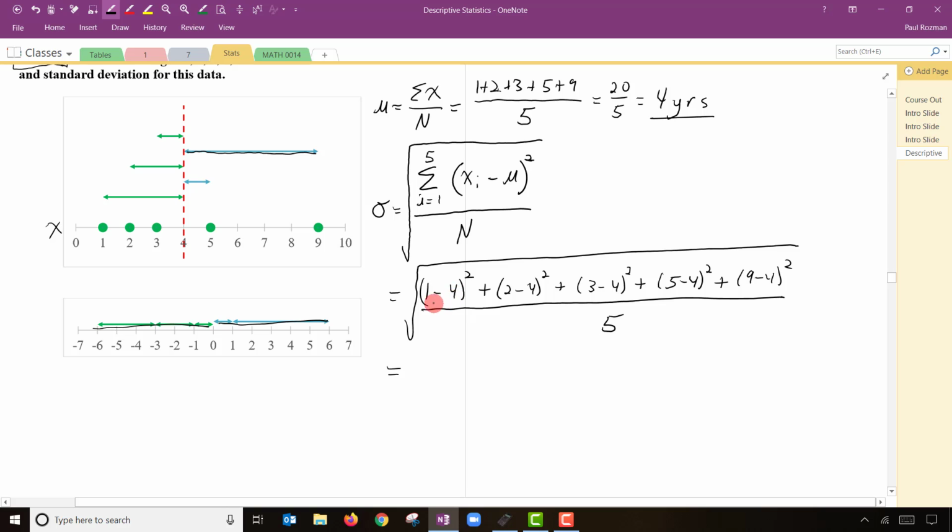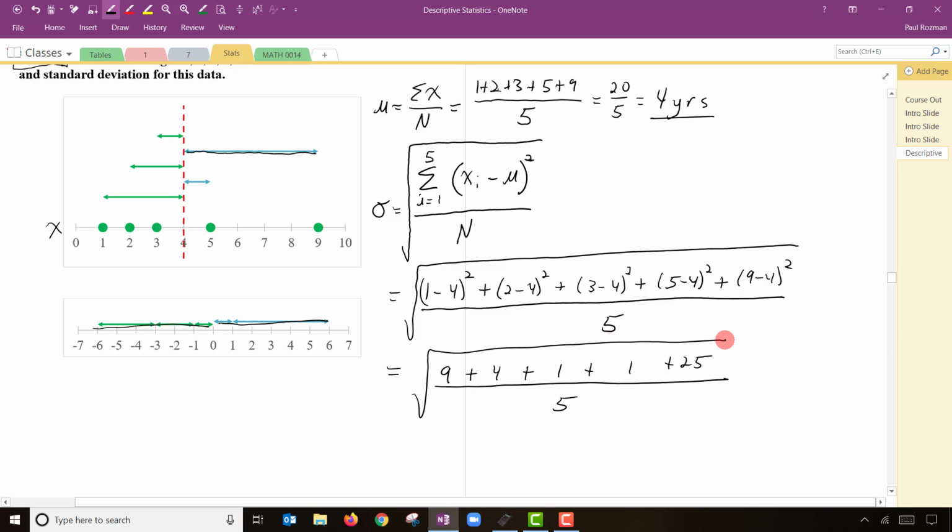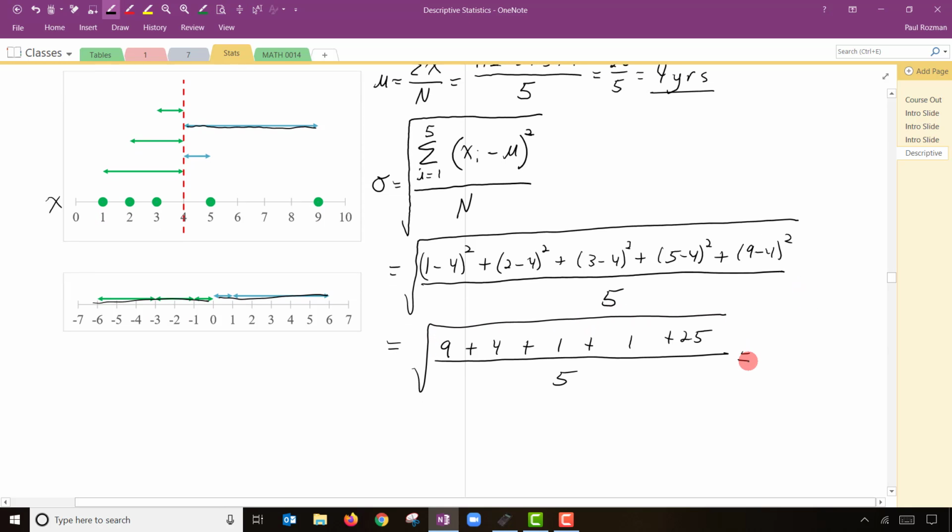Even though I rigged this thing, 3 squared is 9, 4, 1, 1, and 25. I'm still going to have to dig my calculator out in order to get this square root. It's the square root of, what is that, 40 on the top? 10, 15, 40. Well, it's a nice number, though. It's the square root of 8, but I don't have that one memorized.